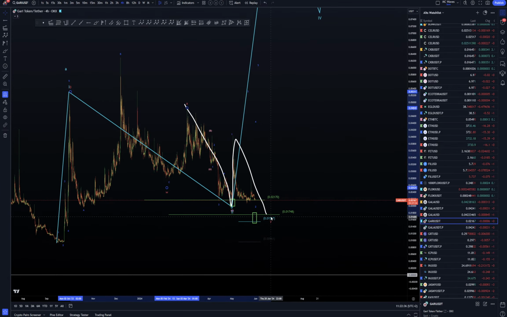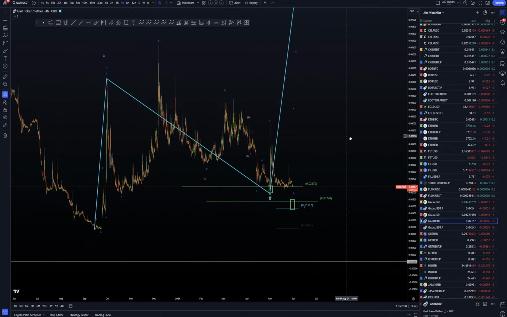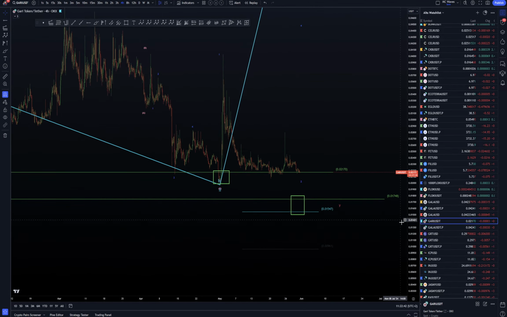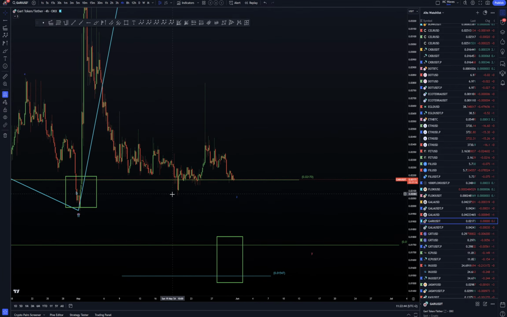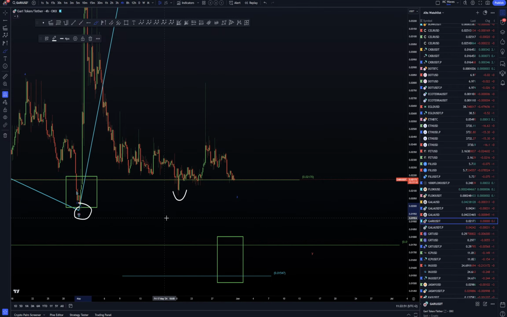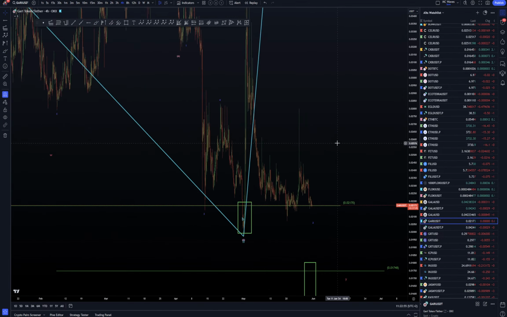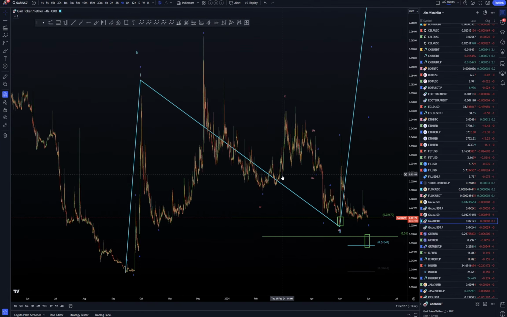We can get a nice amount of configurations, to be honest with you. In any case, this is a target below if I have to go below. Now it really all depends if we manage to reclaim directly that low or not. If we don't, look how this is going to go for the next one. And so the next target is this below, if we have to go more down. So that's it really for this one.